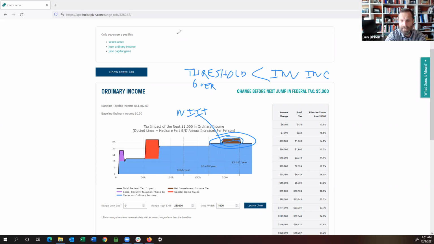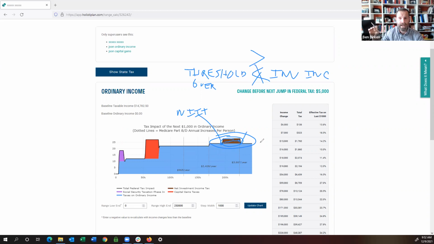What's happening at this point, when we've added, I don't even know how much income that is, is that this switches. And now the investment income is the lesser of the two, such that adding additional amounts of ordinary income over here, you won't subject yourself to any more net investment income tax.